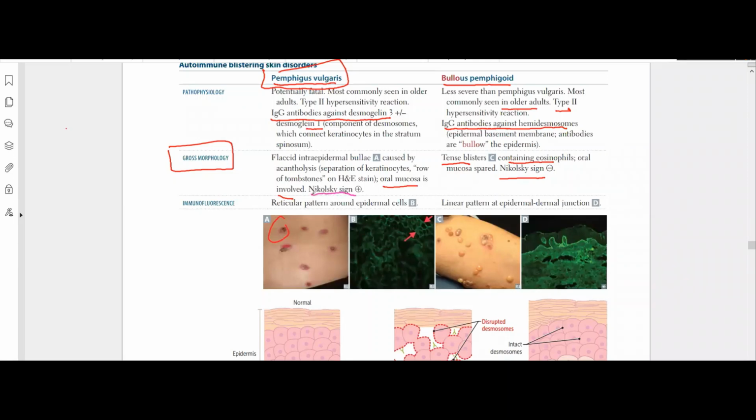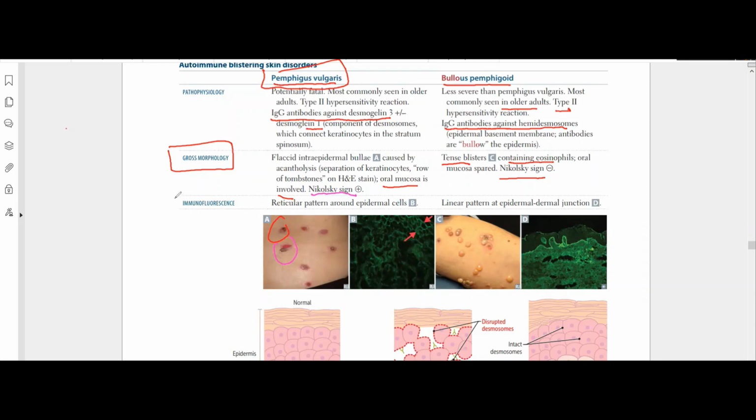The Nikolsky sign is positive in Pemphigus vulgaris: the top layer of the skin can be removed by lateral rubbing, leaving a moist base, which is characteristically positive in Pemphigus vulgaris.